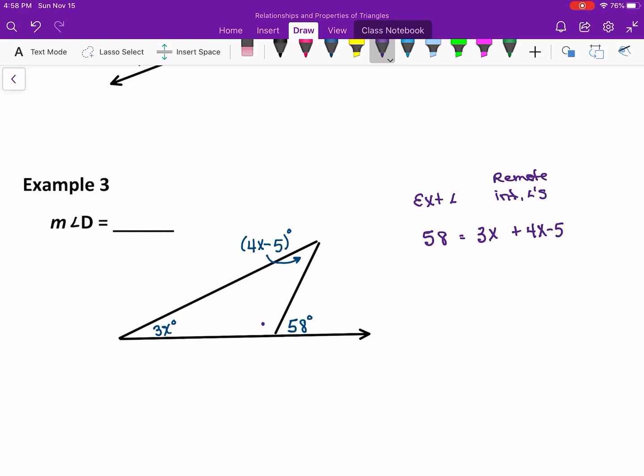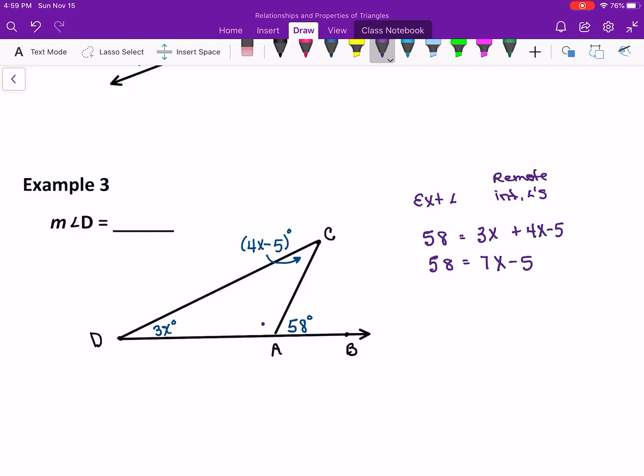We're wanting to solve for angle D. I guess it would help if I have them lettered. Here's A. I'm going to put B out here, C and D. We'll put D over there. All right, let's combine like terms. Let's solve for x to begin with. So 58 equals 7x minus 5.